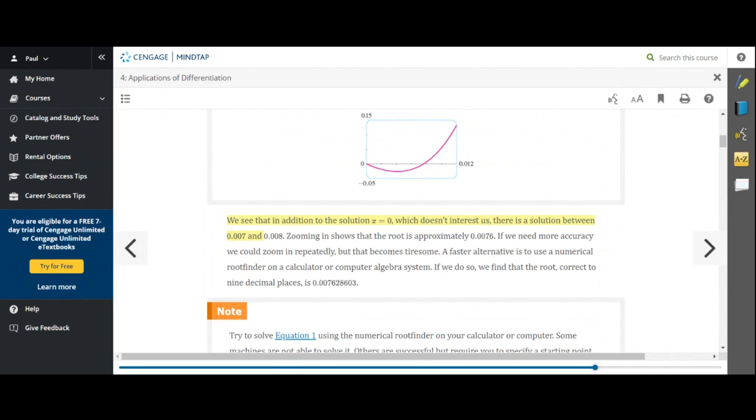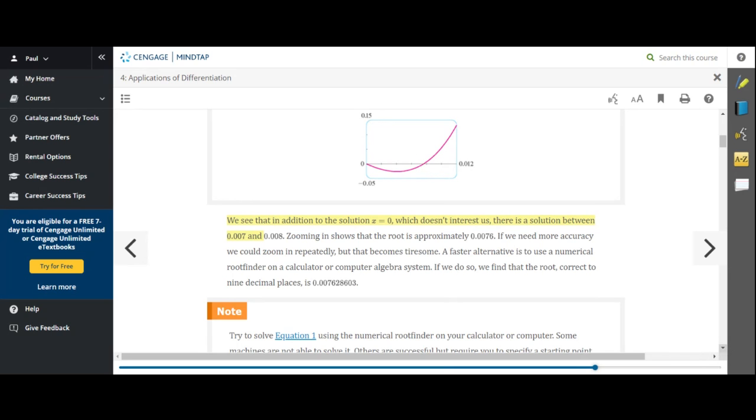And that's nice. But you might wonder, how does the calculator do that? You've been using that program in your calculator to find the zeros of a function.